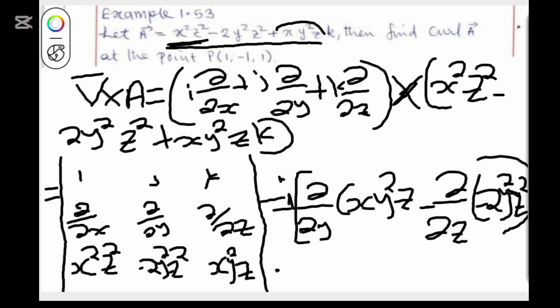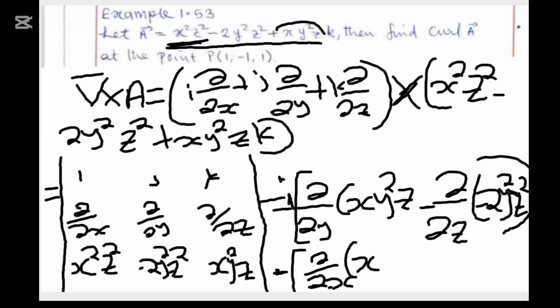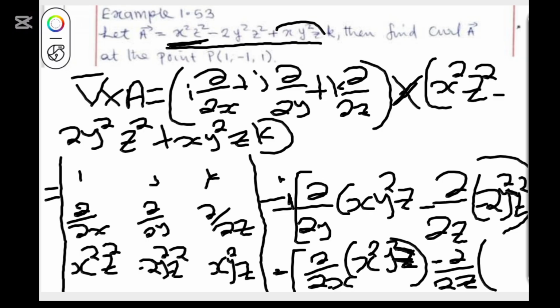I have to say subtract by, open bracket, the partial of x of x squared y squared z, then minus the partial of z of x squared z squared.